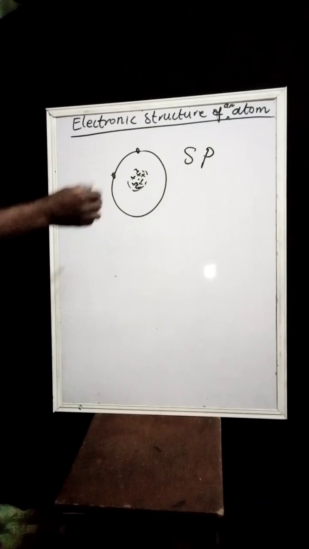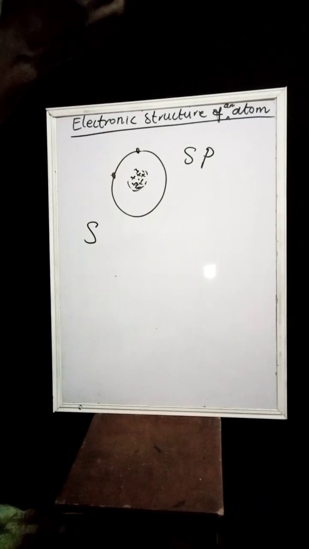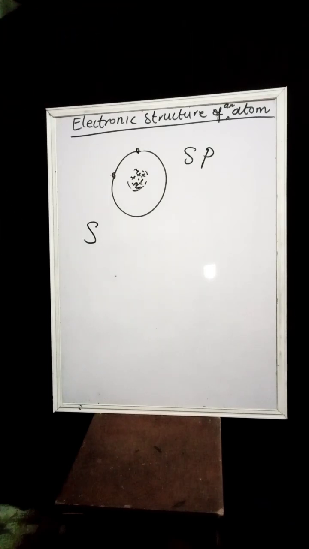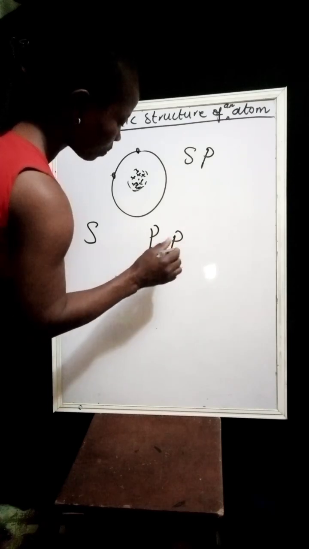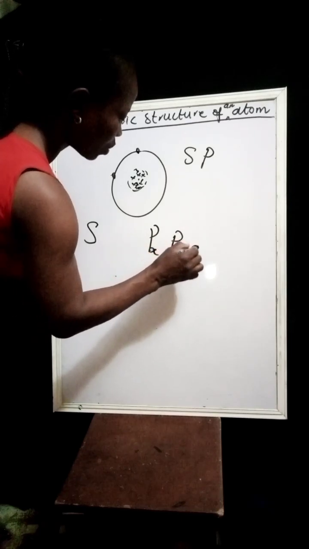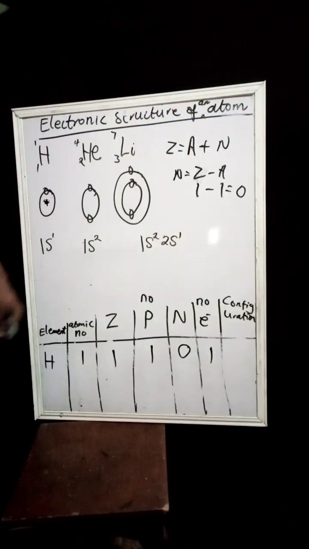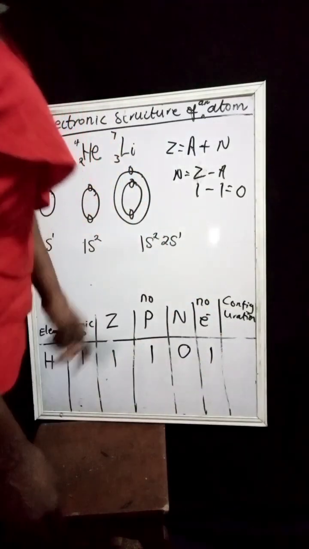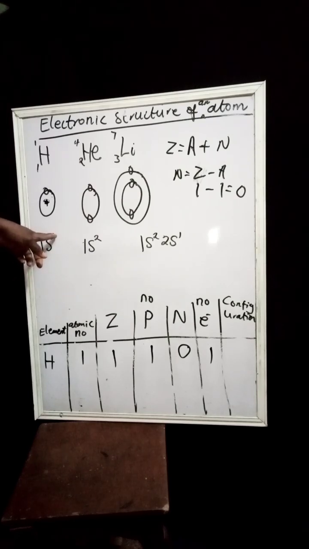Remember that our s orbital can only accommodate 2 electrons, while p orbitals can accommodate 6 electrons. Remember that we have px, py, and what? Pz.